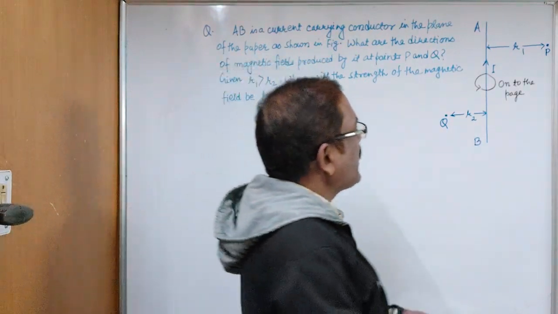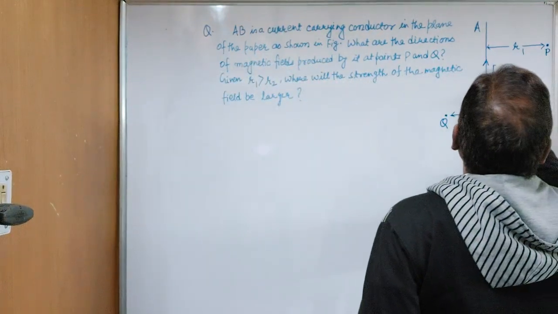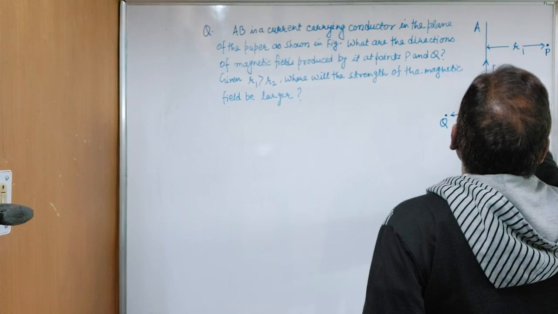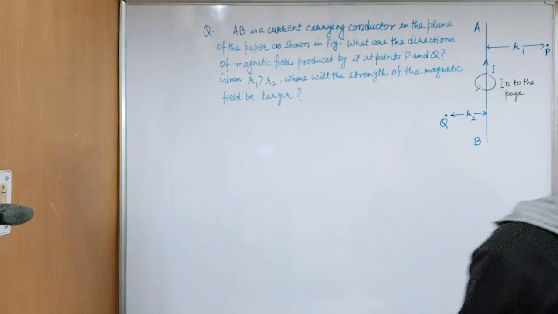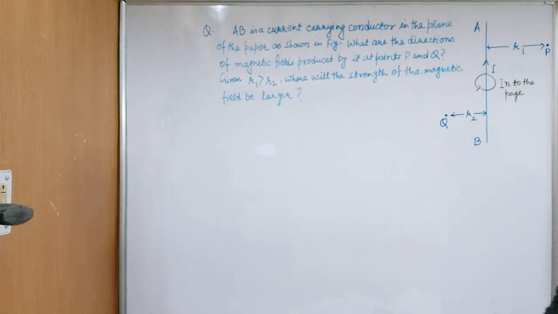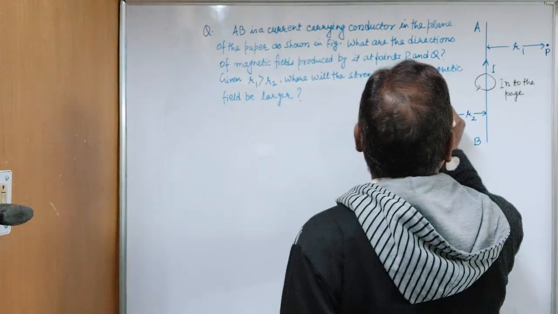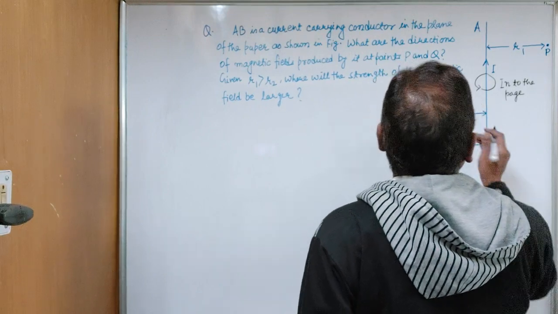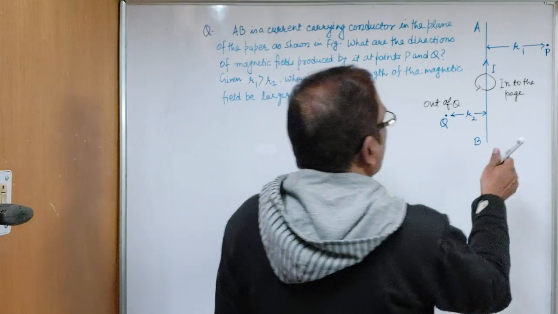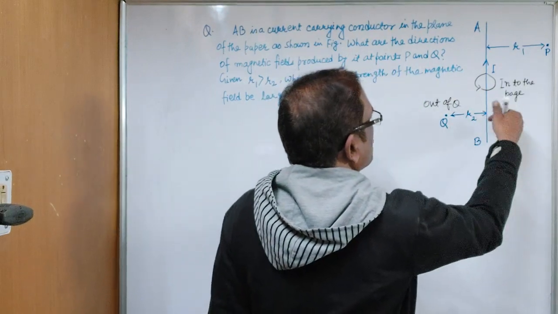So here you will write into the page, and from the left side you will write it will be out of Q. It means they are moving in this direction.